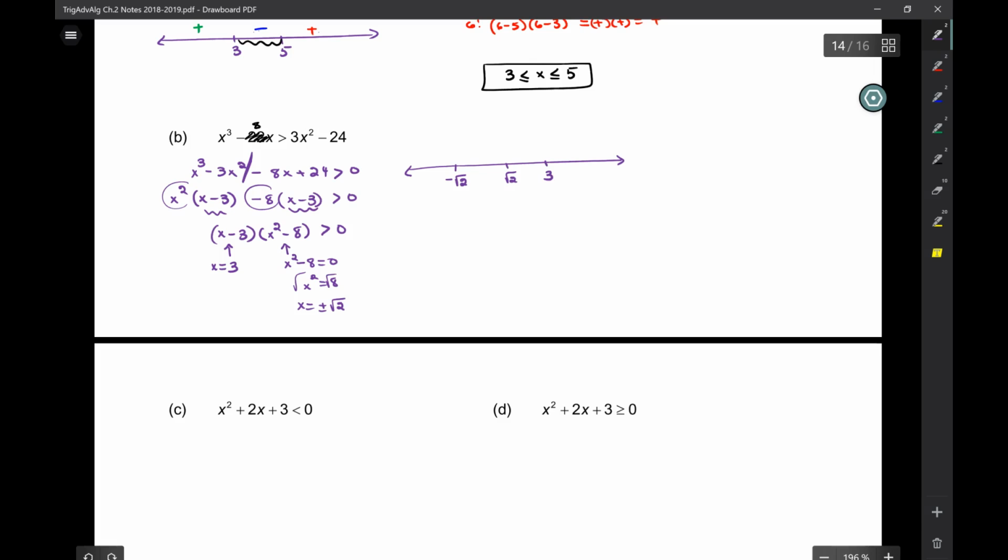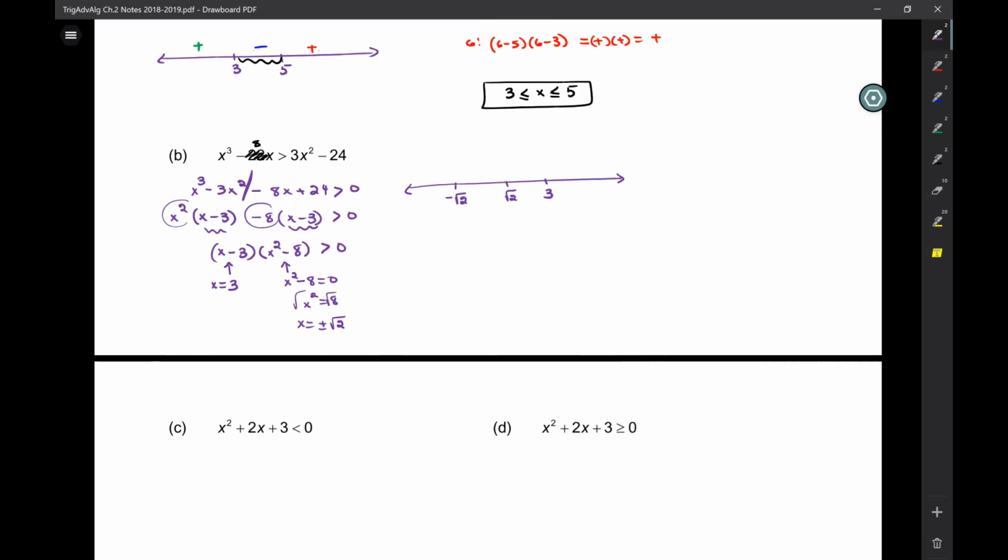So again, we're going to pick numbers here, and we're going to plug them into this. Let's say I pick from this region negative 10. In this parenthesis, negative 10 minus 3 is a negative value.